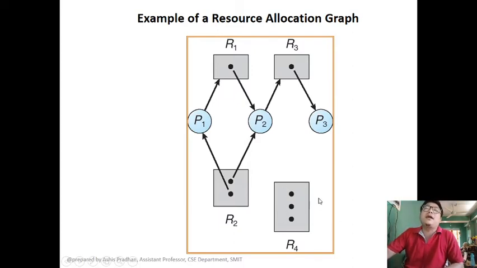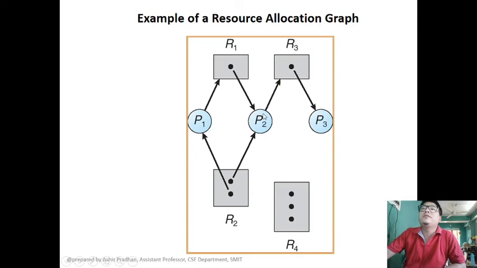At a particular time, say for example t equals 10 a.m. or 12 a.m., whatever it is, a particular snapshot of the system, what is happening here: one instance of R2 is assigned to P1 and P1 is requesting an R1 instance, but the R1 resource is allocated to P2.